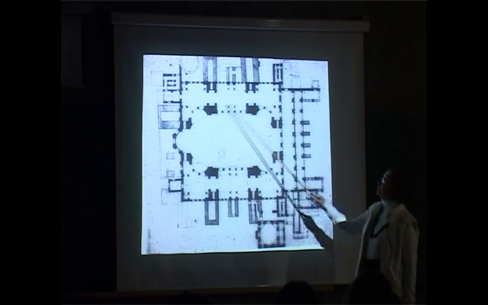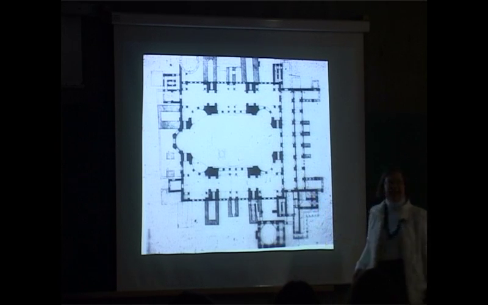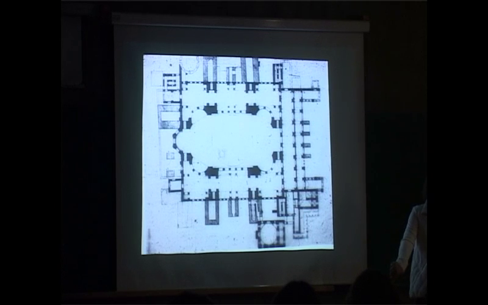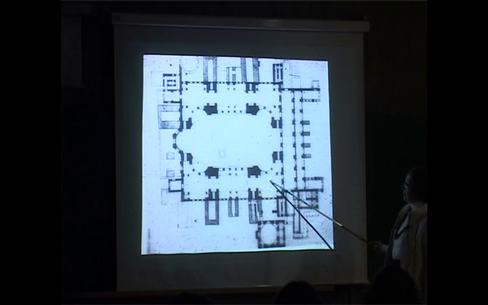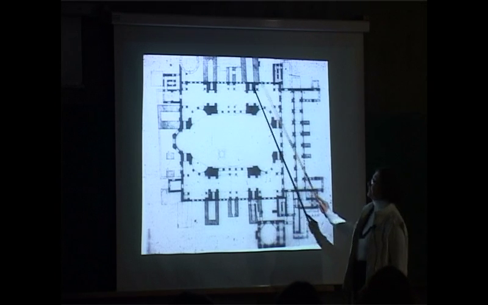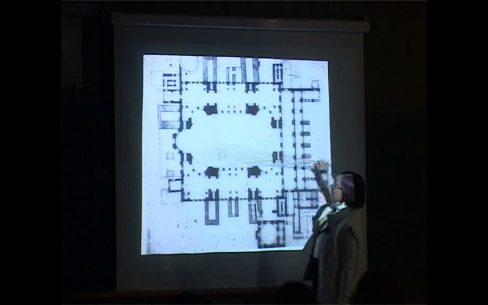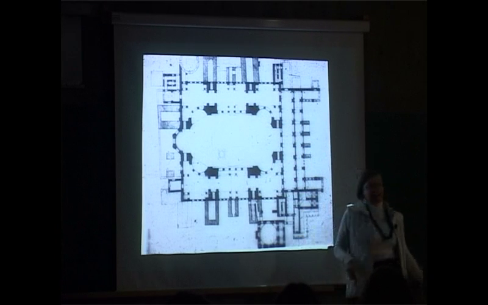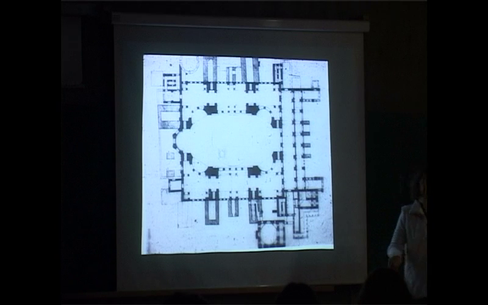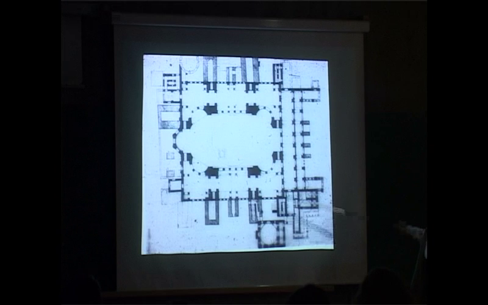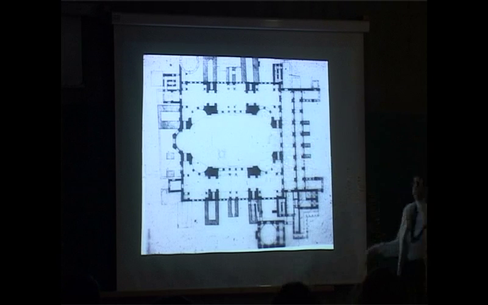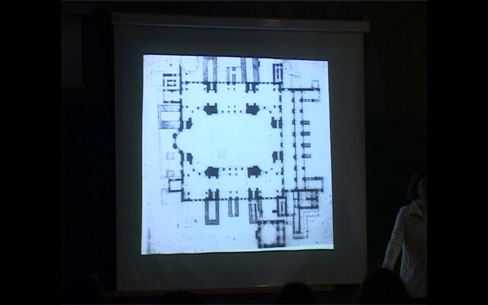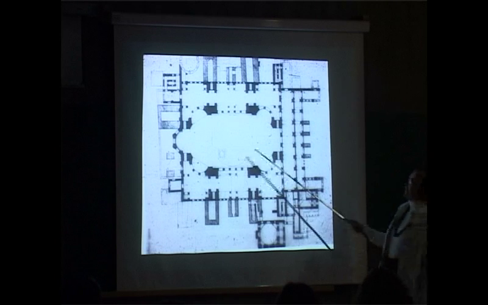You have four piers, and the entire structural system emanates from those four piers. You have galleries on both sides corresponding to the aisles of a normal, traditional, anachronistic, longitudinal basilica. But the overall effect is very far from that of a longitudinal basilica because of the dome.